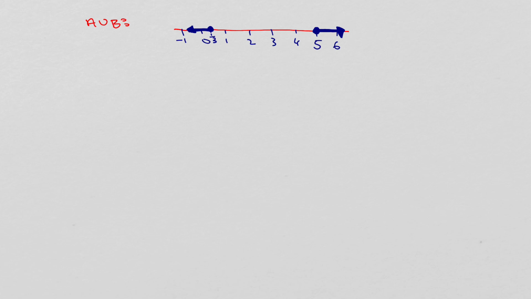So basically, if we're looking at that from a solution set point of view, what that means is that A union B is x is an element of the real numbers, x less than or equal to a third, or x greater than or equal to 5.